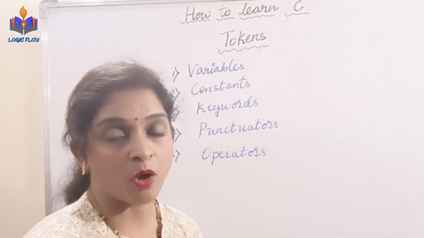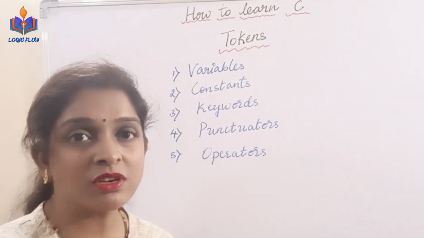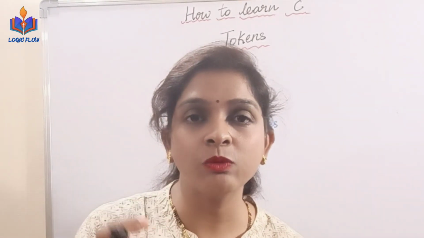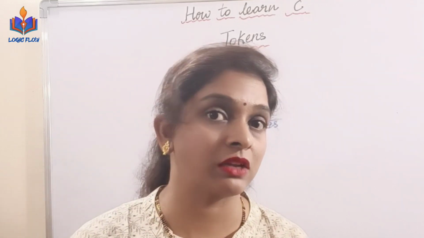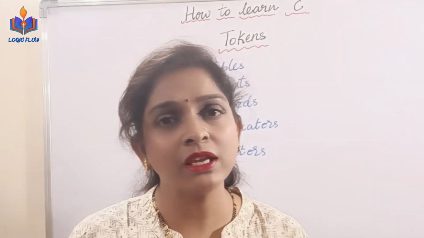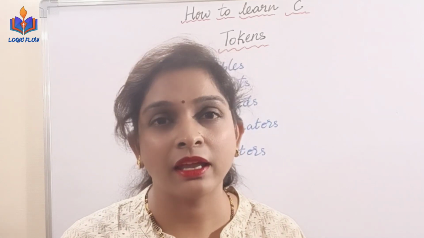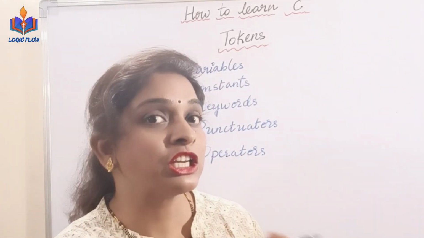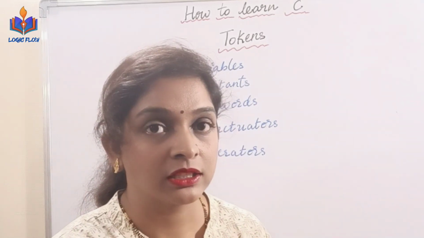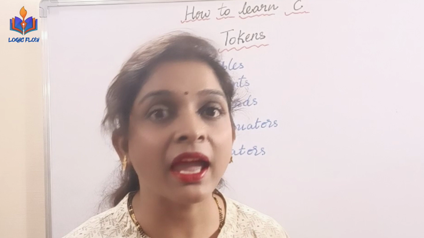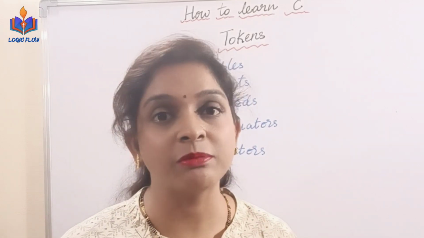Let us talk about the tokens. What is a token? A token is the smallest individual unit that we use in our program. We may use many programming elements, the individual units, and a group of all these individual units makes a complete program.